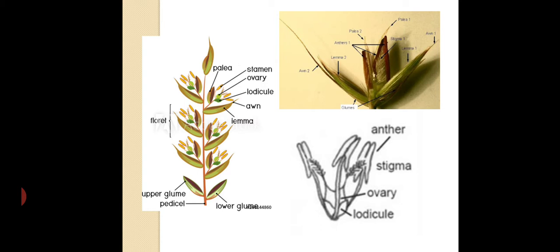The lowest two glumes are sterile, that is the lower glume and the upper glume, glume 1 and glume 2.